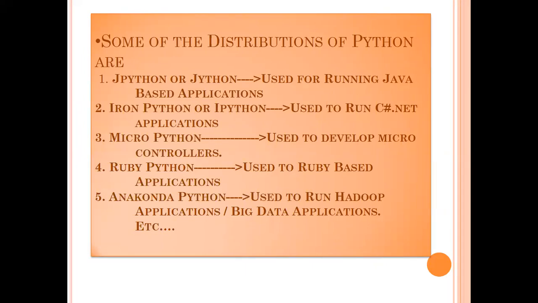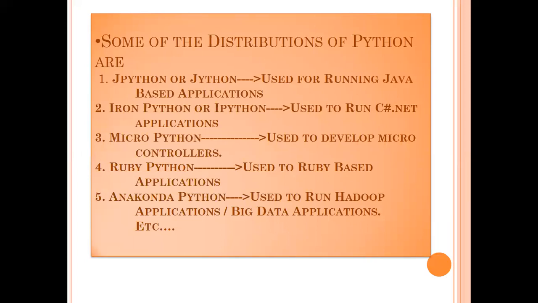IronPython or IPython is used for running C#.NET applications. As I've told you, this can be used with any type of language. JPython is used for running Java-based applications. IronPython, IPython is used to run C#.NET applications.